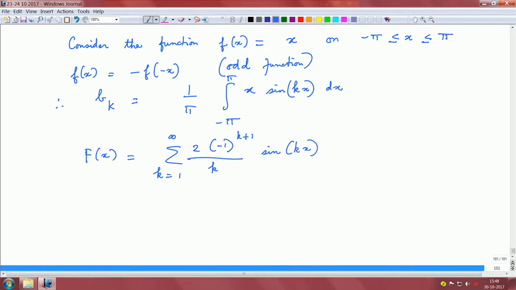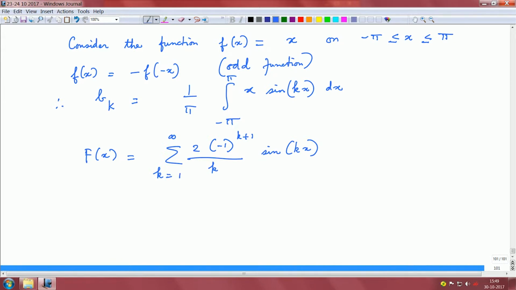This is what you get as an expansion, which most of you would have done in your undergraduate in electrical sciences, whichever stream, electronics, communication, electrical.